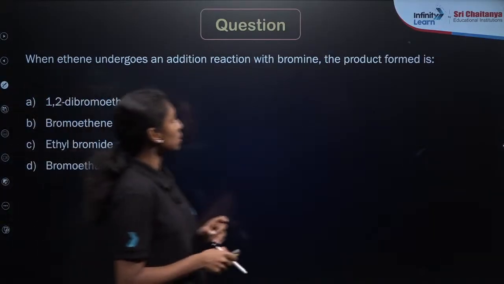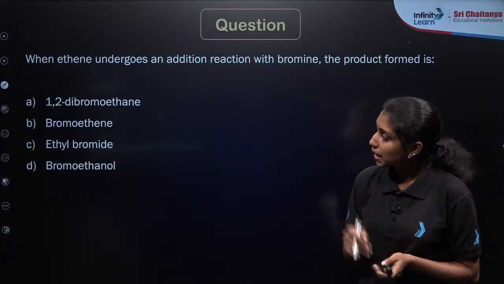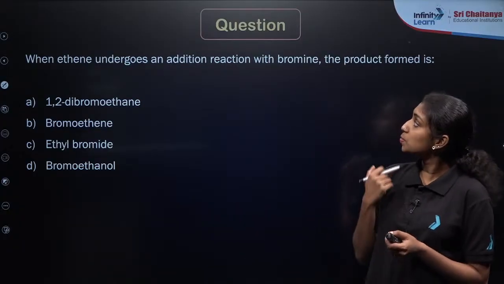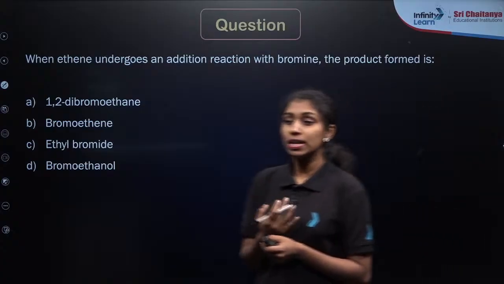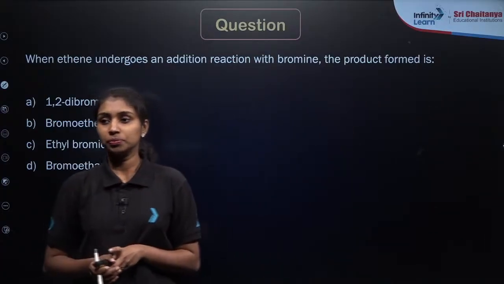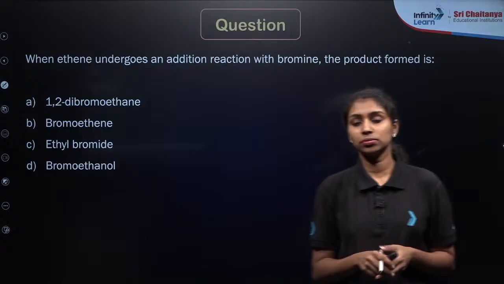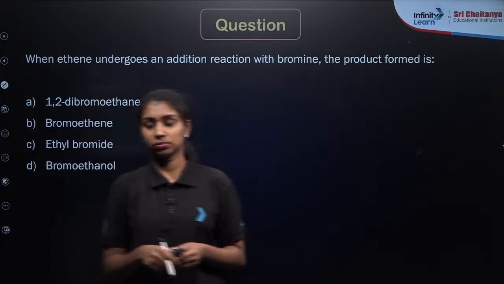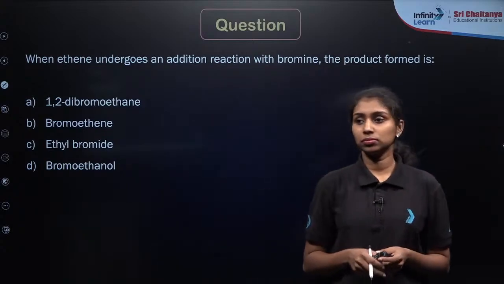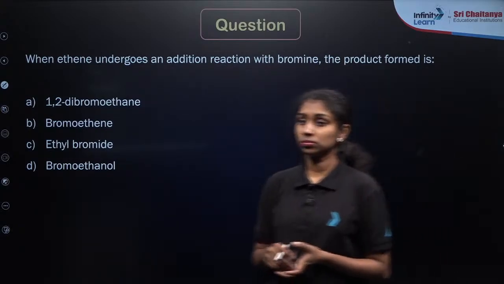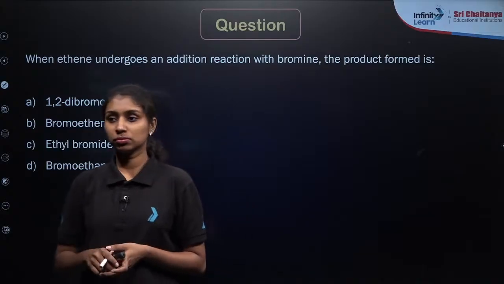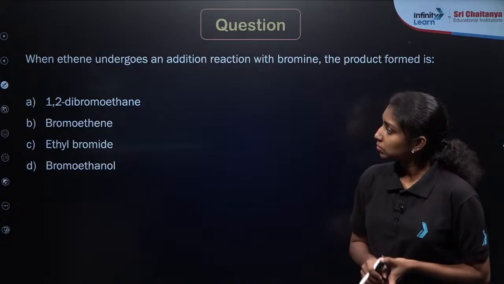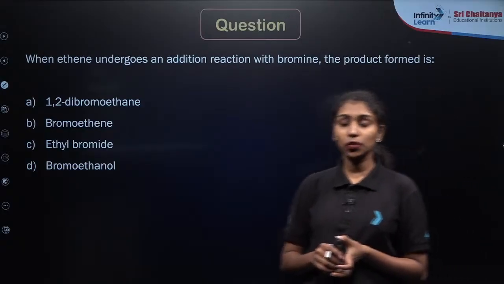Now we are moving to our next question. Read the question carefully. It is based on the IUPAC name of the compound. When ethene undergoes an addition reaction with bromine, the product formed will be what? What is the name of the product formed here? Addition reaction of ethene with bromine.